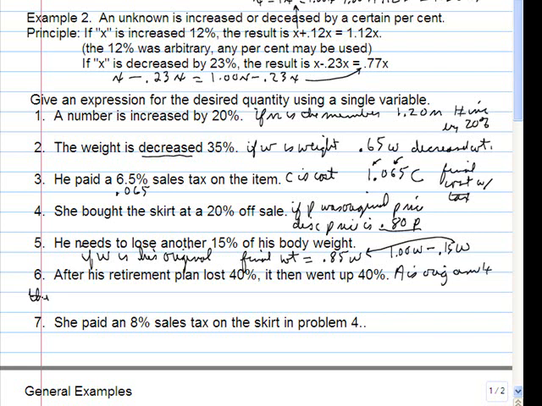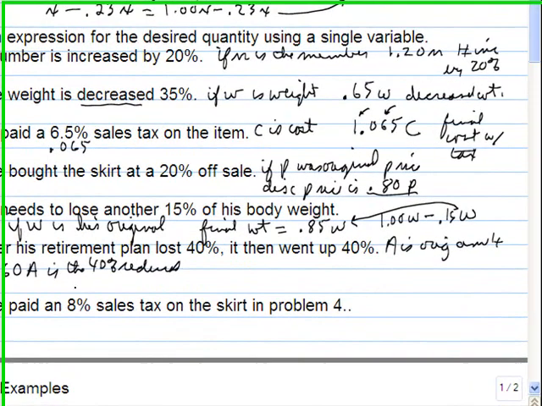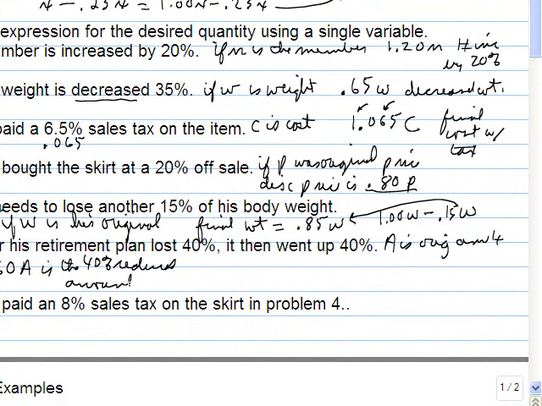Then 0.60A is the 40% reduced amount. Now, it says he first lost 40%, so that means that instead of having A now, he only has 60% of it left. But then he went back up 40%.